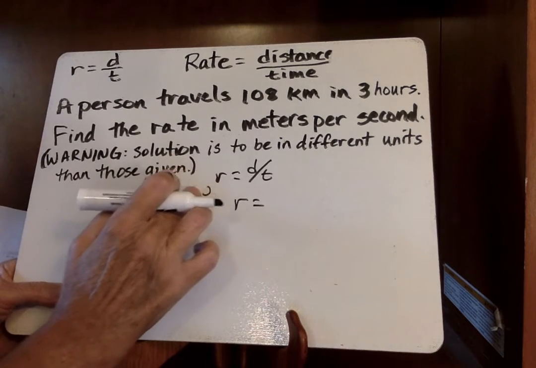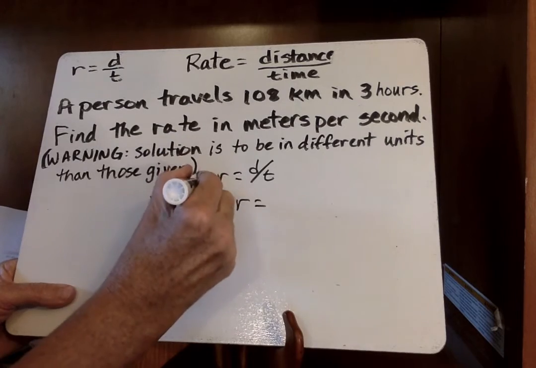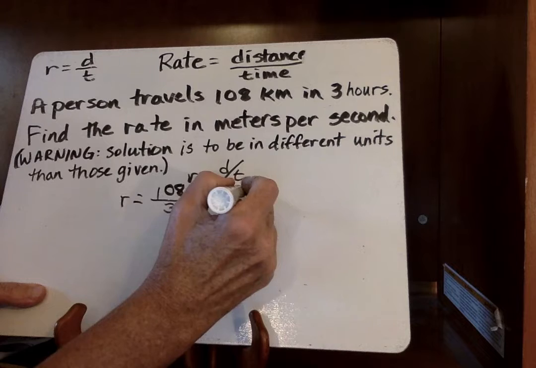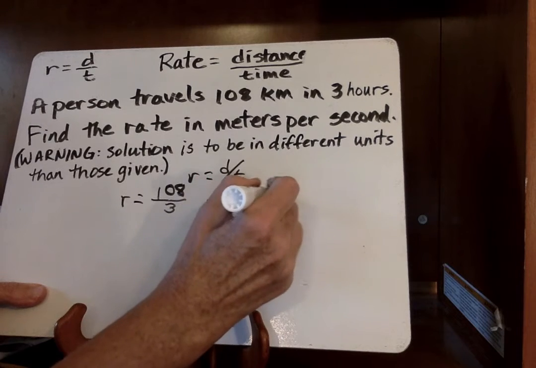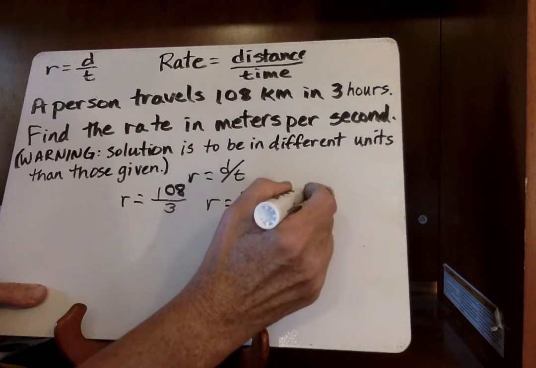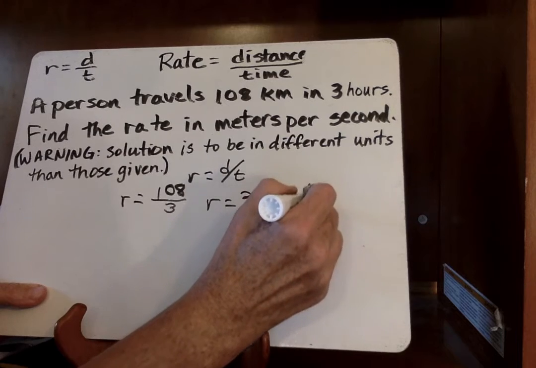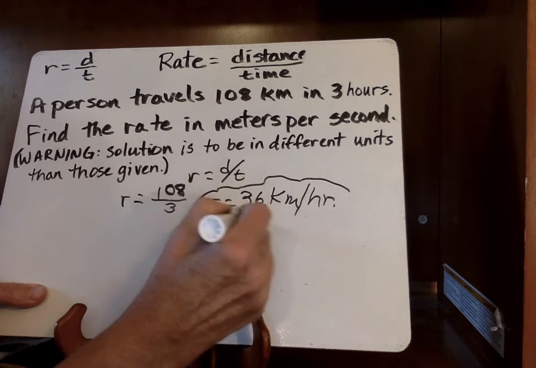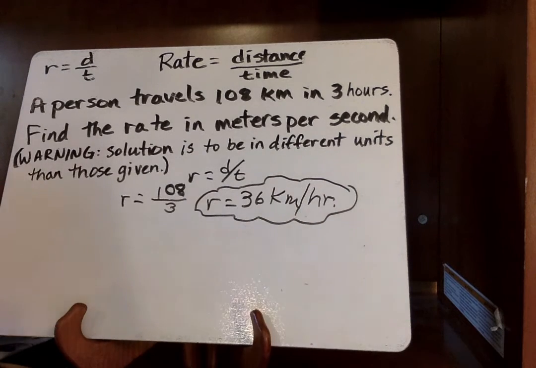It's not 180, I wrote that incorrectly, so it's 108 divided by 3. So the rate is 36 kilometers per hour. I'm going to accept abbreviations, but we're going to make sure we put units down, because that's one thing Mrs. Rupert's super picky about.